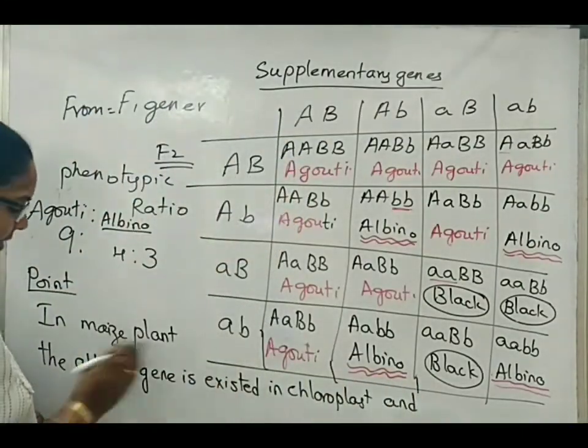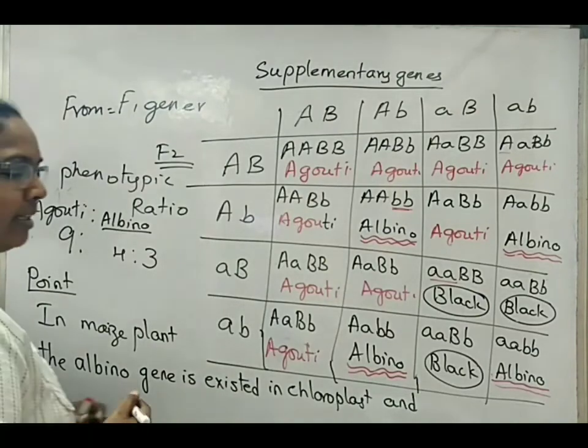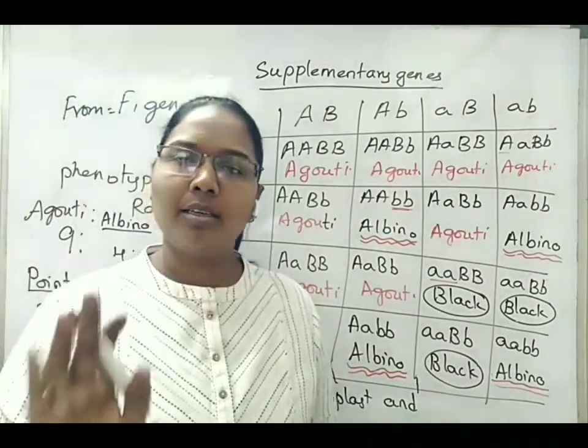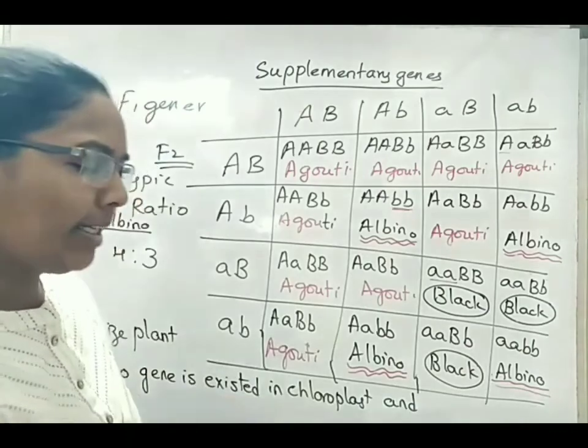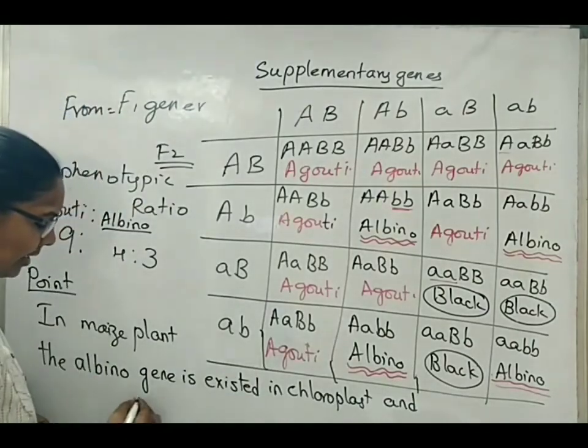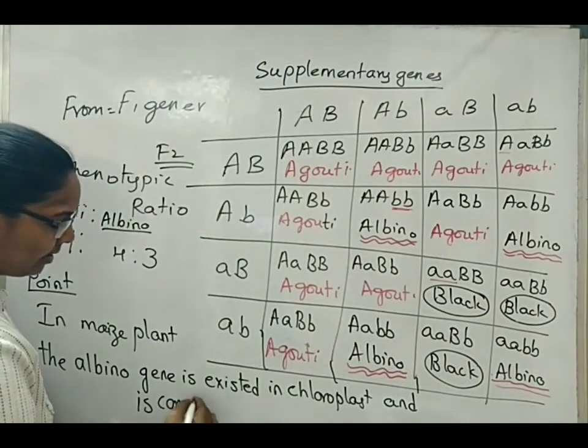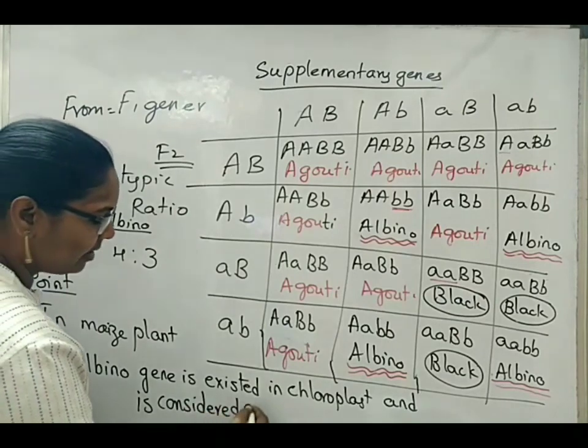Means if such type of albino gene exists in one grain of the maize seed, then that seed will be dead and is considered lethal.